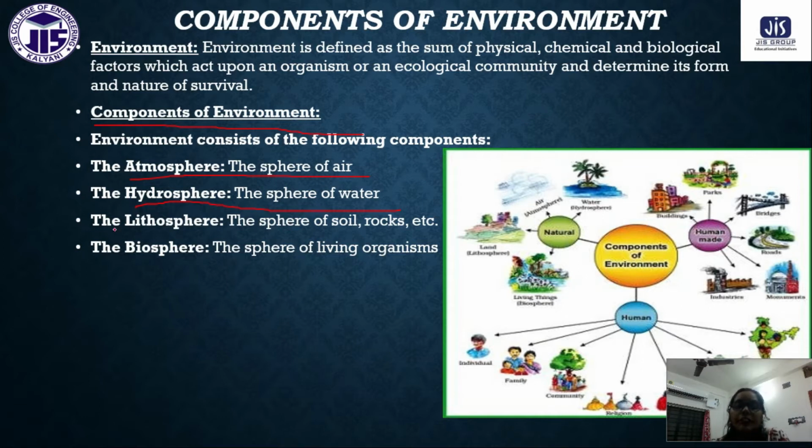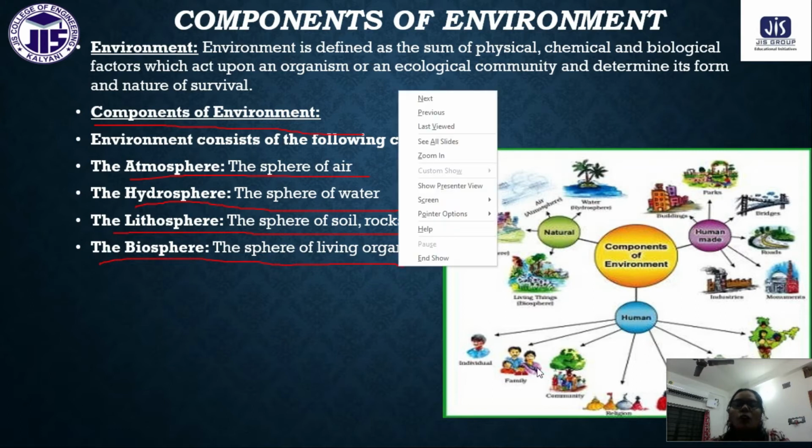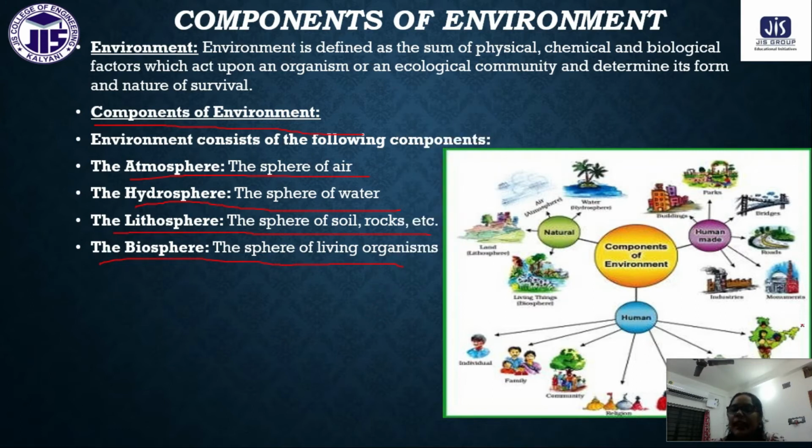The lithosphere, all types of land resources like soil, rocks, whatever we have, is called lithosphere. And biosphere, the sphere of living organisms, the sphere where we live. Okay, all types of living organisms, that is the biosphere. So these are some of the components of the environment that we have.